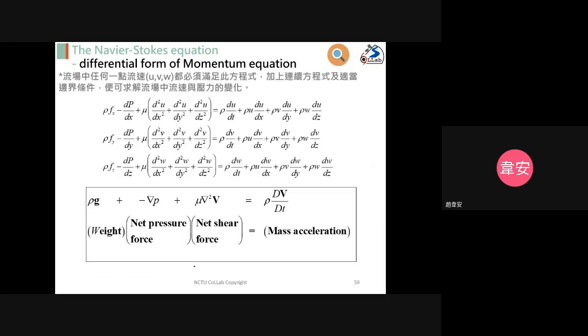So if we summarize all directions, this is only along the x direction, this is y, and this is z. So we can combine all of the directions and combine the equations into the vector balance. So actually we have the ρg, okay, that is related to fx, fy, and fz. This is the acceleration related to the body force. So our famous body force is the weight.